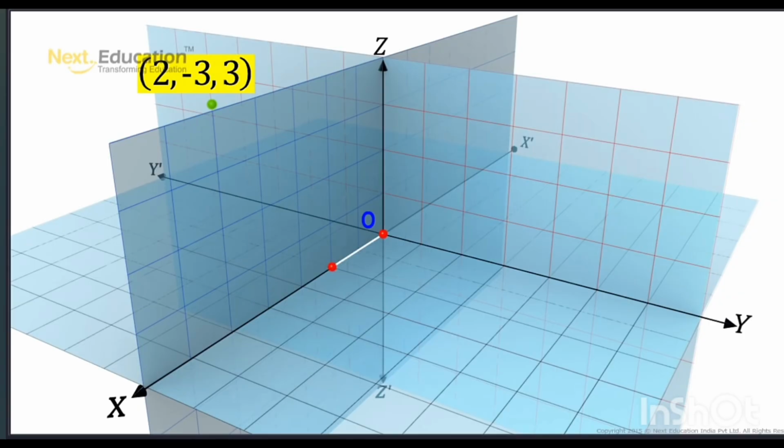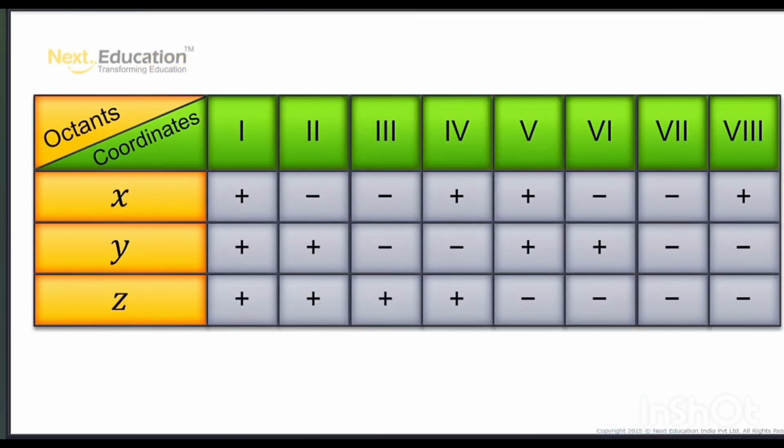So from this point, we measure 3 units on the xy plane in the direction of OY' parallel to the y-axis. We mark a point there. For the z-coordinate, that is 3, we measure 3 units from the point perpendicular to the xy plane. We can notice that the point lies in the 4th octant. Shown here is a table that gives the details of the octant according to the signs of the coordinates.